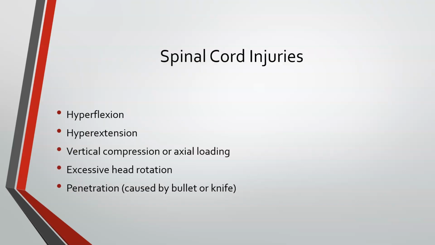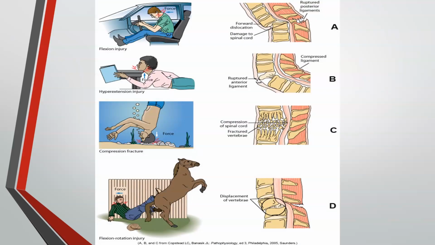Some of these examples are on the next slide. These are some examples of spinal cord injury. A. Flexion injury of the cervical spine, which ruptures the posterior ligaments, and B is hyperextension injury of the cervical spine, which ruptures the anterior ligaments.